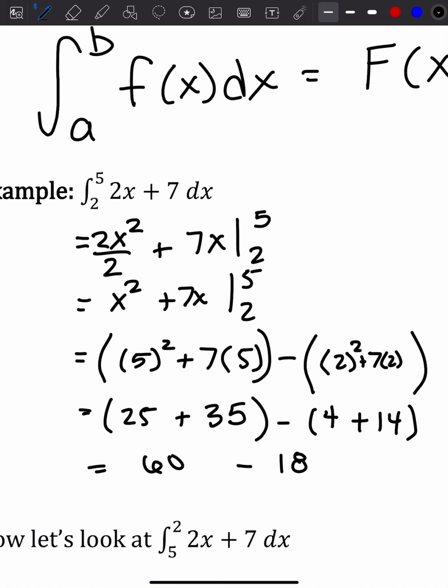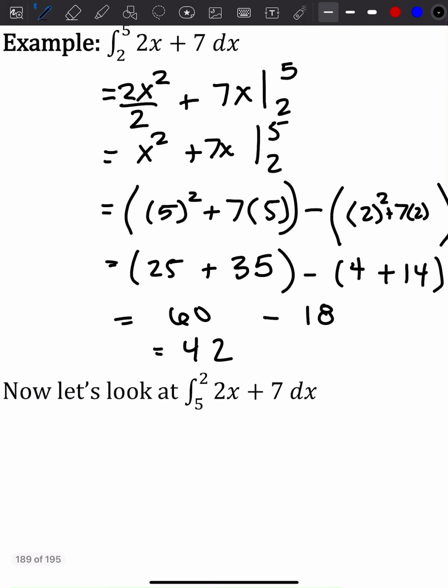And then if I subtract those, we're going to get 42. So I take the antiderivative, I plug in my interval, top value first, subtract the bottom value, and then I simplify the best I can.